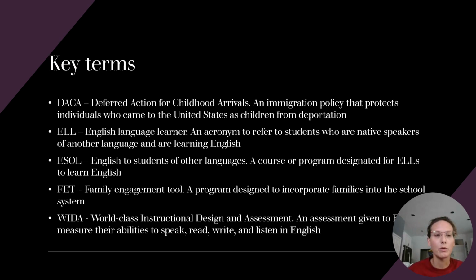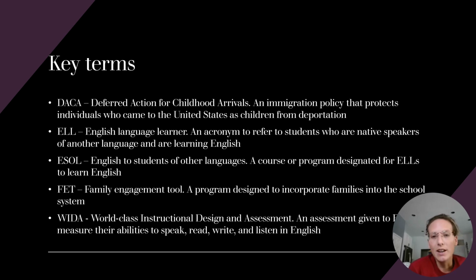So before we dive in, you have a handout of key terms here. These are terms that, in education, we have so many acronyms that will present themselves all over. So we have DACA.